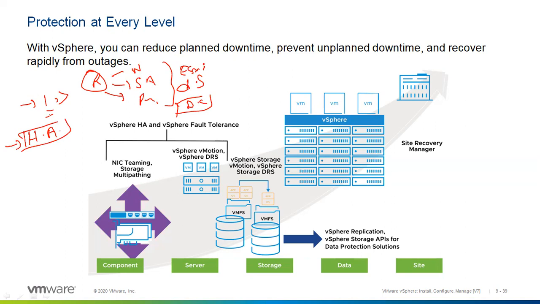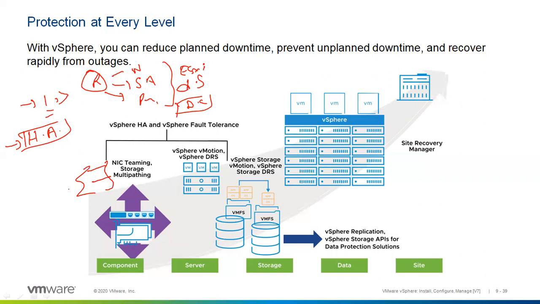Availability is higher as compared to a single component. Like here, I took NIC teaming and storage multipathing as examples of high availability, correct? When we say NIC teaming, we are using two or more NICs together to avoid NIC failure.